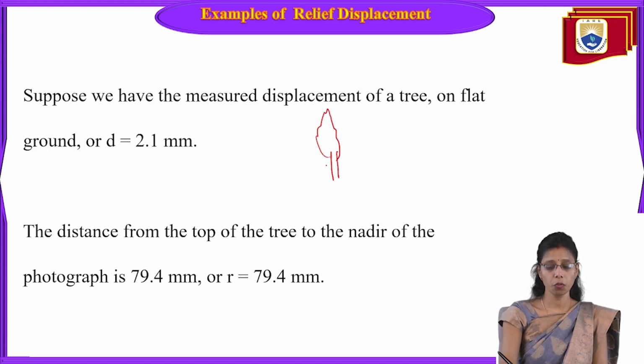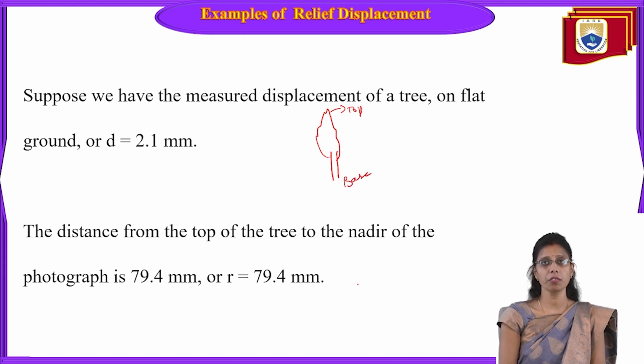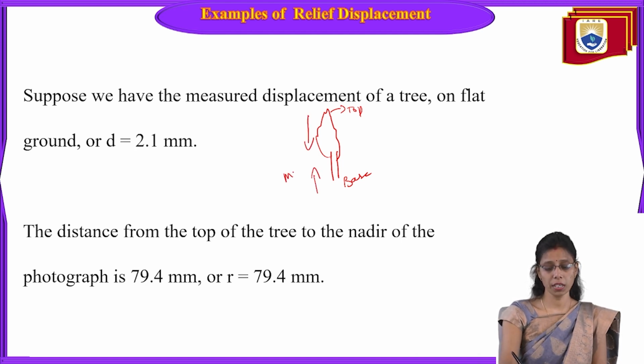If the tree is visible like this in an image, then again you have to take the top and base. For this measurement, if you are using a hard copy, we can just use a scale to measure. It will always be in mm, because we are measuring on the photo, so we have to convert it later into meters, because in the image we cannot measure in meters. So we just have to assign a scale to it. Suppose it is 2 mm, 3 mm, or 4 mm.